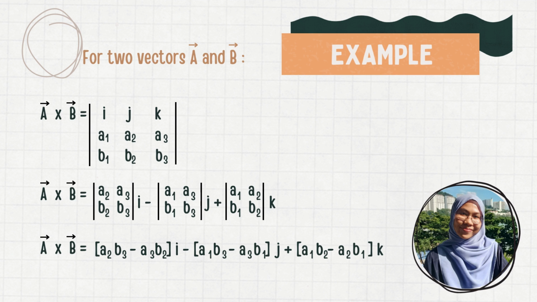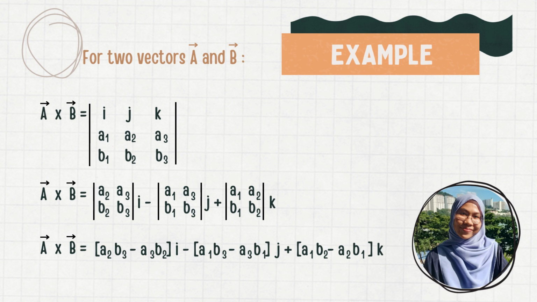Okay, so for the example of scalar cross product of vectors, we are using the matrix method. So given two vectors, vector A and vector B, vector A times vector B is equal to the determinant of i j k, A1 A2 A3, B1 B2 B3. Remember the signs: plus, minus, plus.